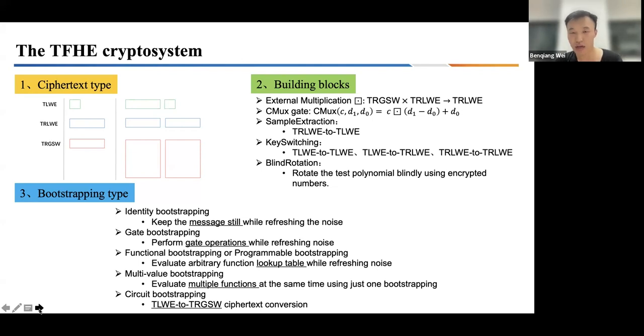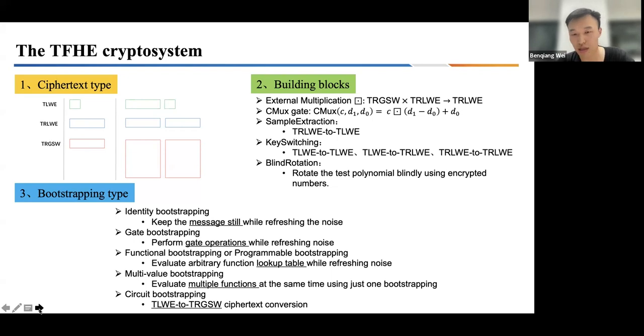And we have a very important gate called the CMux gate. The CMux gate can be constructed by external multiplications. And we have sample extraction. Sample extraction means that we can extract a TLWE ciphertext from a TRLWE ciphertext.